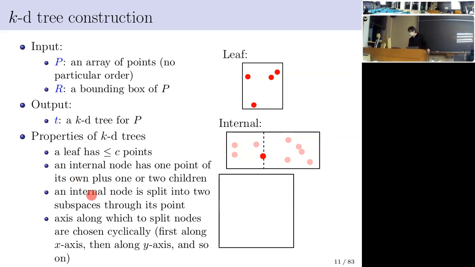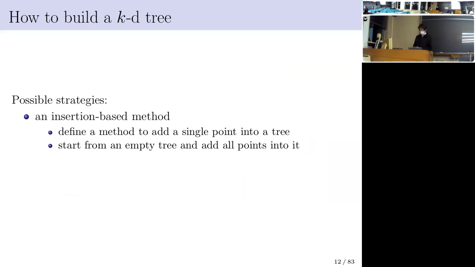But here we simply alternate between horizontal and vertical splitting. In the beginning you split vertically, then horizontally, then vertically, and then horizontally. You could do somewhat more sophisticated things, but for now, just for the sake of simplicity.